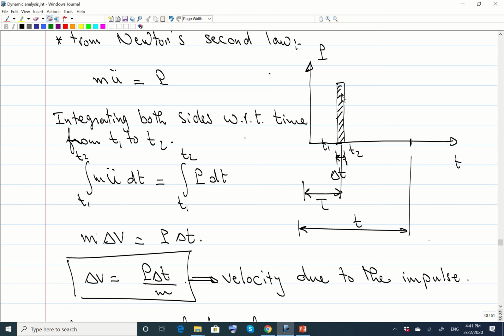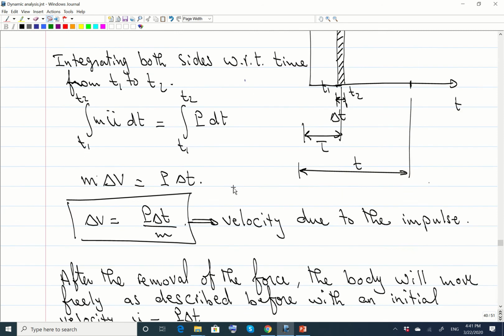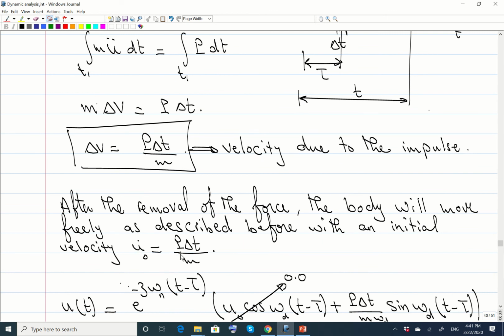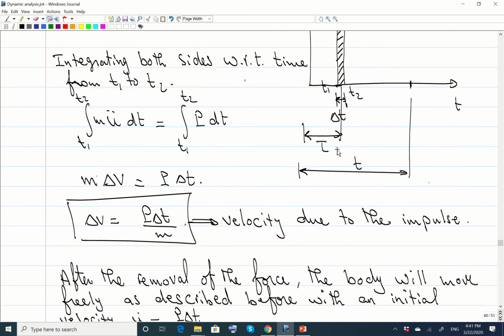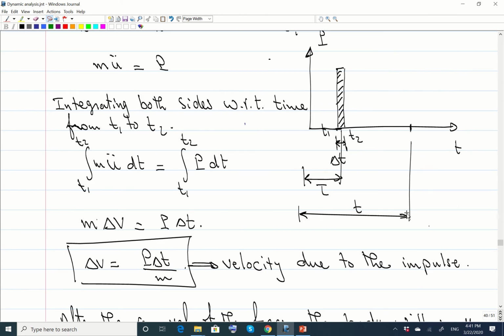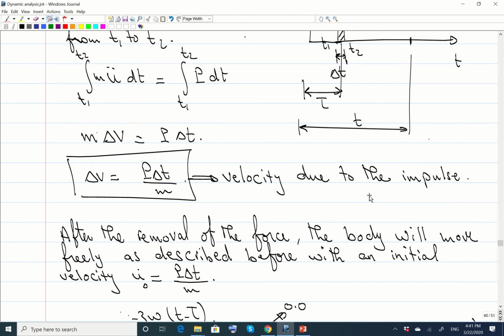Now, just due to this impulse, if we want to find the displacement at some time t, assuming that we have an initial velocity here, the initial displacement is 0, and the initial velocity is the one that we found here, u dot naught due to that impulse, P delta t divided by m. How much is the displacement going to be after some time t? We solved that.